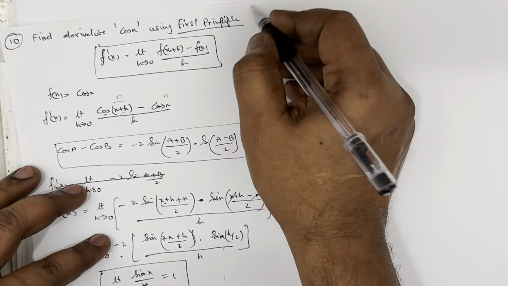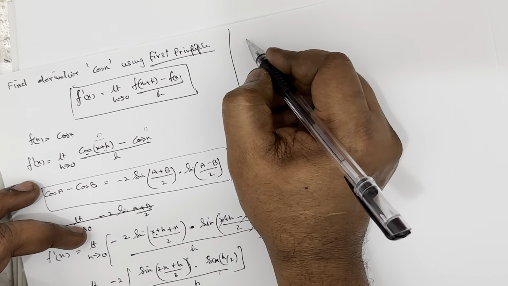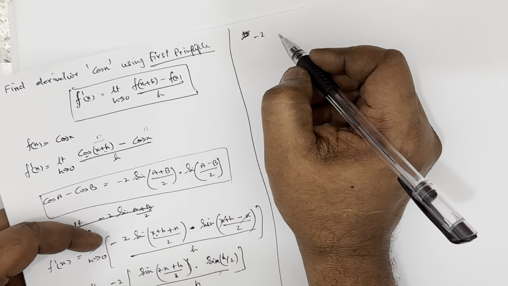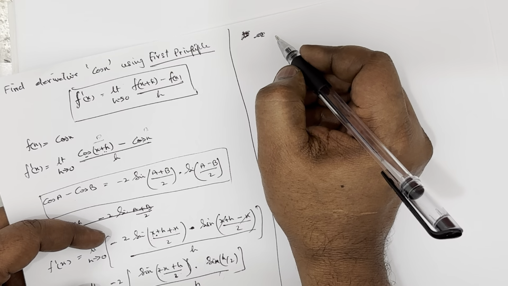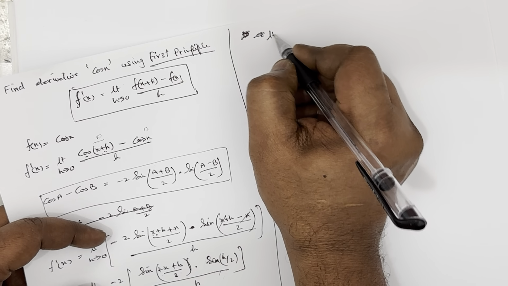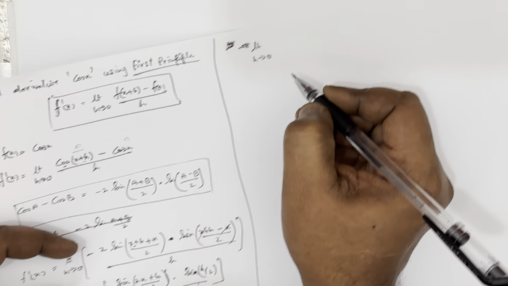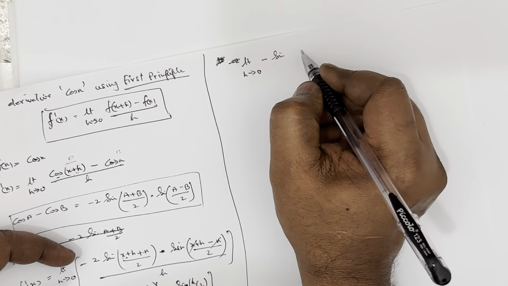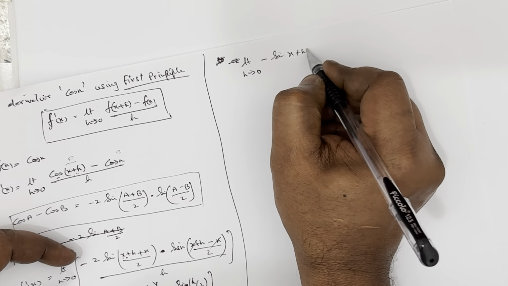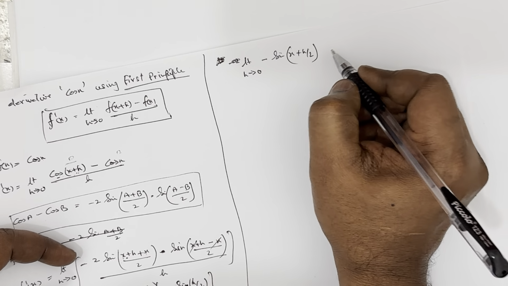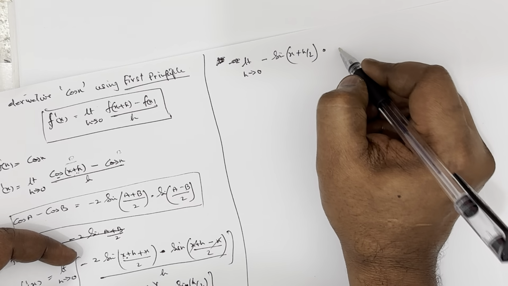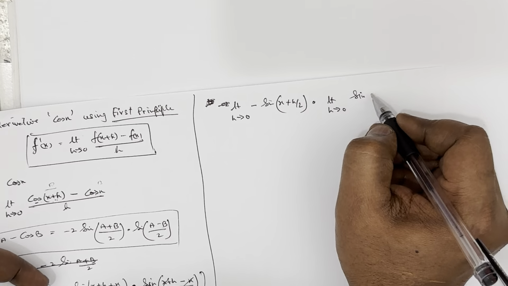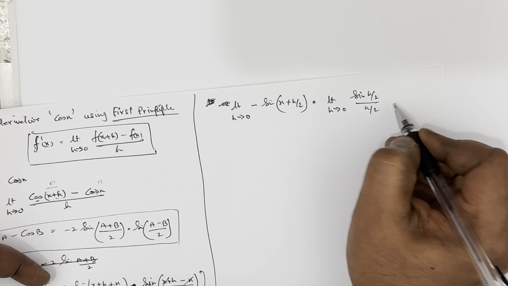So it becomes minus 2, so now the minus 2 is gone. Limit h tends to 0 minus sine x plus h by 2, multiplied by limit h tends to 0 sine h by 2 upon h by 2.